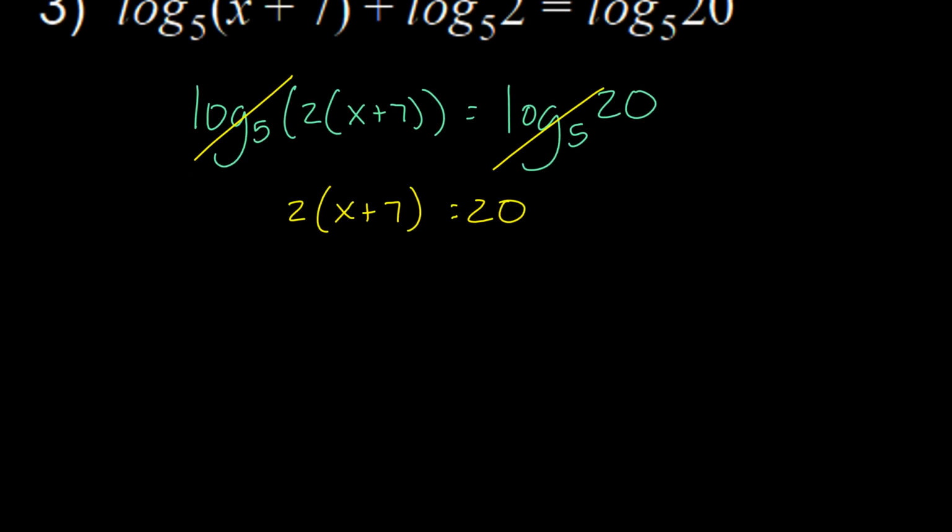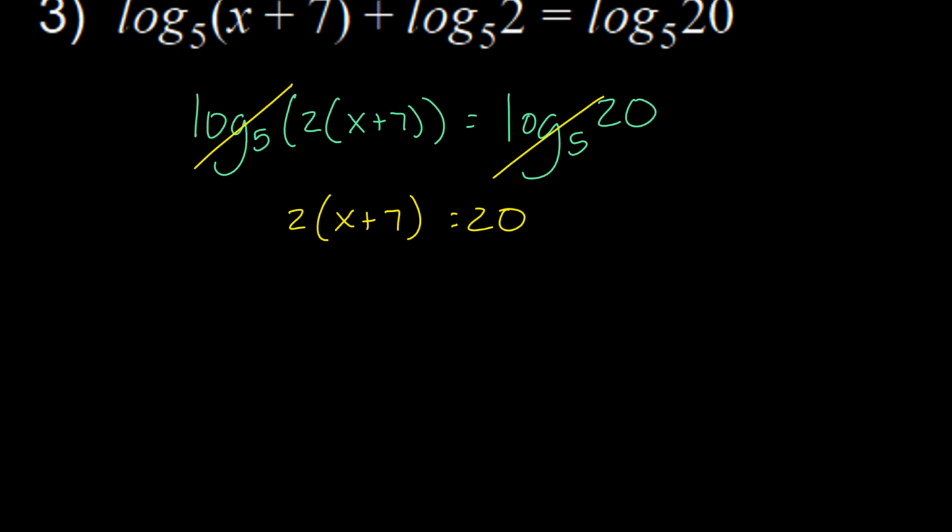So what do I do here to solve for x? You can distribute. What's the less step version of distributing here? Divide by 2. The reason we can just divide by 2 is because if you distribute, it's going to become 2x, and in the end we're going to have to divide anyway. So it's easier just to get the 2 off now.